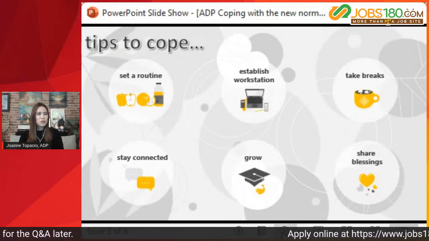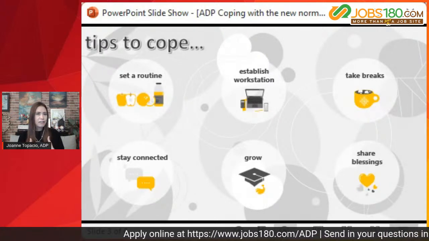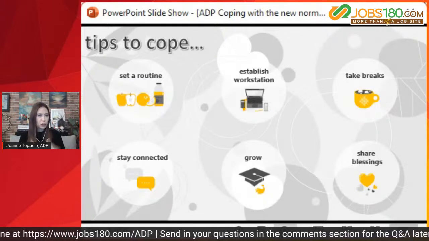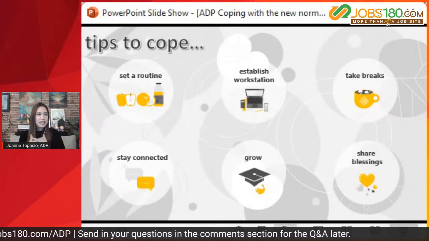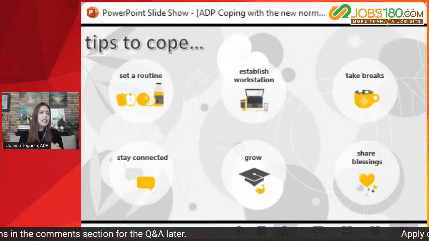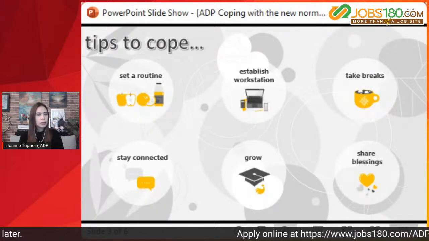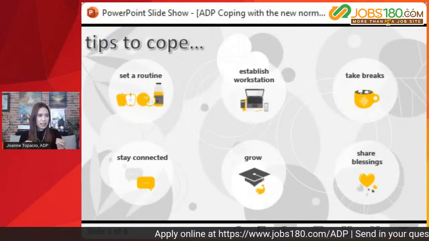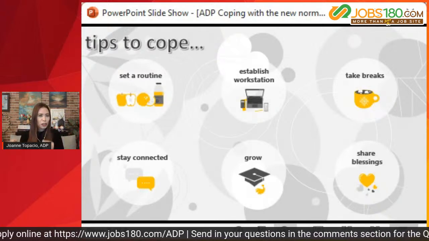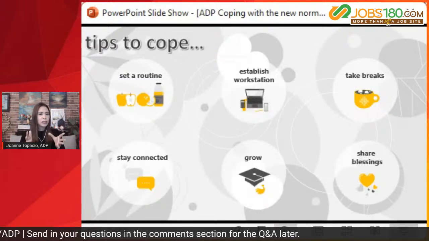Next is establish a workstation. This one, I am guilty of this. I have not had a decent workstation or a table or office where I live, because my space is very, very tiny. So maybe late last year, November, was the only time I actually bought a small office table to fit in a corner of my room, where the laptop and the monitor sit.